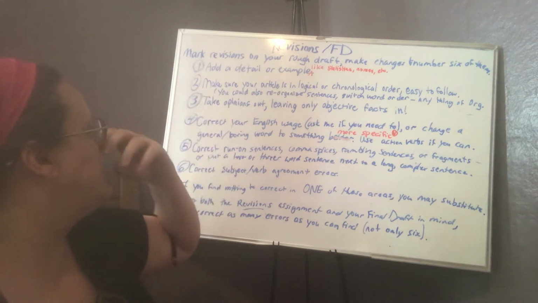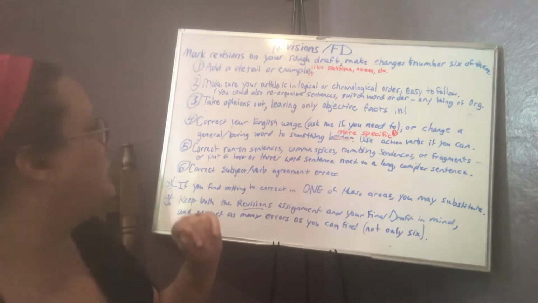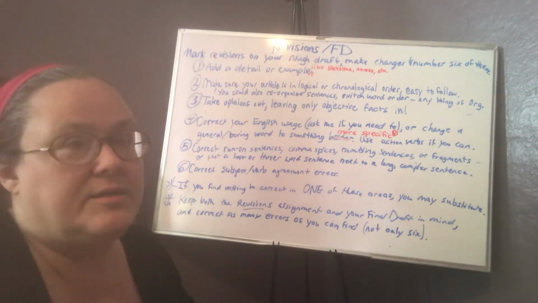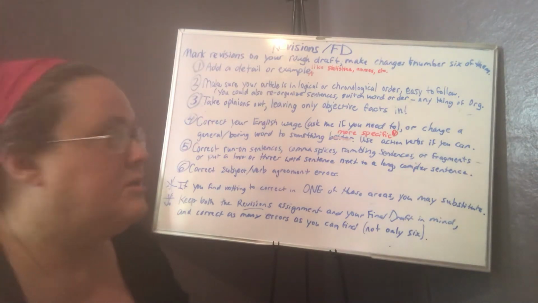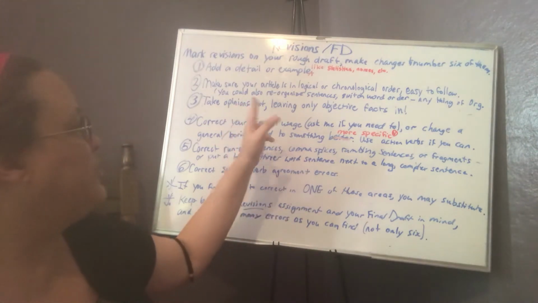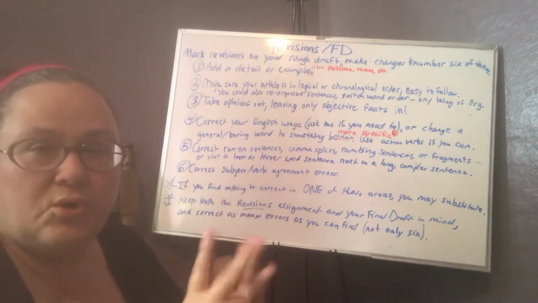Number 2, make sure your article is in logical or chronological order, easy to follow. So if something is out of order or is not easy to follow, then that's an organization issue. Number 2. If you can't find anything like that, you could also reorganize sentences or paragraphs. You could switch word order.